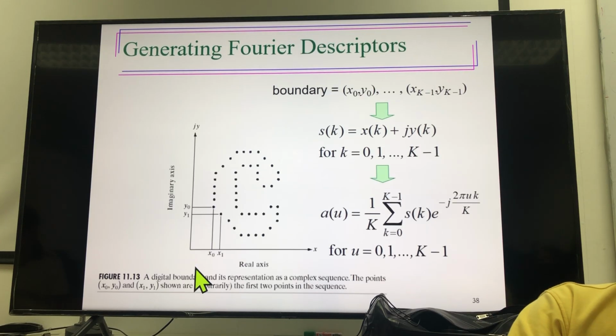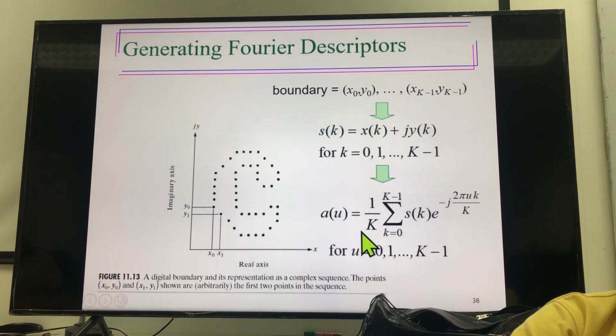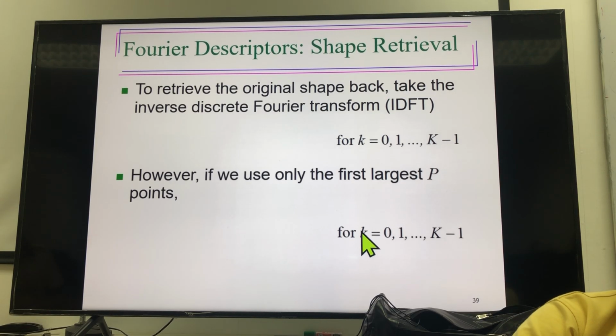For example here, you got the pixels, these are the boundaries. You put in s equal to x plus j y, with k from 0 to K minus 1, you sum up according to this equation, and you got a(u), which is the Fourier descriptor. What's good about Fourier descriptor?